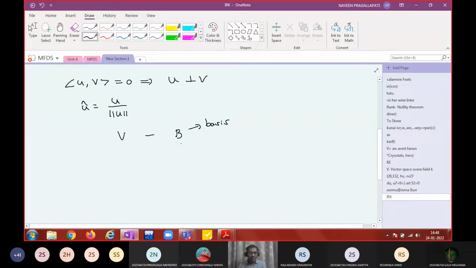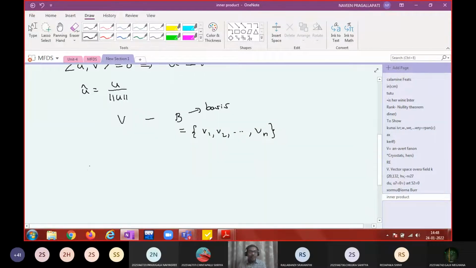If this basis contains n elements v1, v2 and so on vn, which are linearly independent, not necessarily orthogonal to each other, then we want to find an orthogonal set w1, w2 and so on wn using these basis vectors.